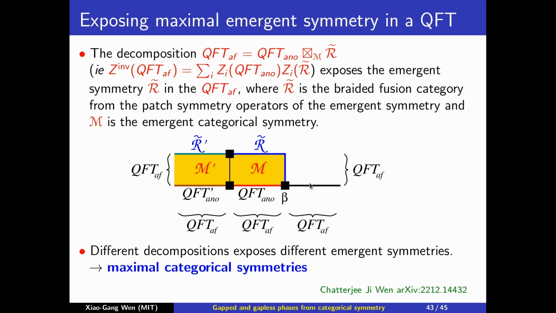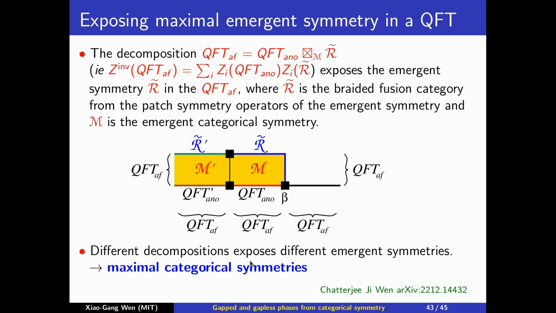It turns out that for the same Ising CFT, we can expose more symmetry by choosing this kind of decomposition, where M prime is a sort of double Ising model, where we gauge the EM exchange symmetry in the Z2 gauge theory, we get the double Ising model. So this same modular invariant partition function can have 2 decompositions, but one of them exposes more symmetry. So this is the notion of maximum categorical symmetry.